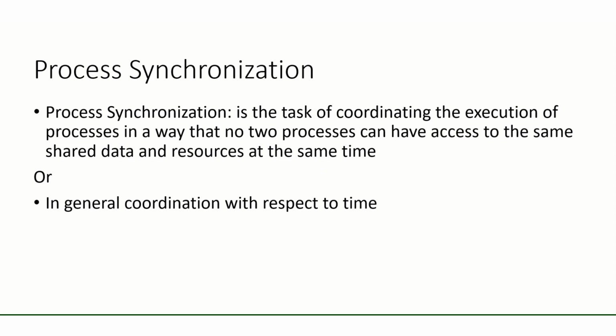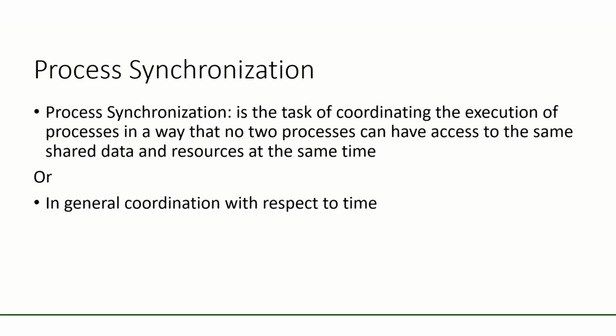Process synchronization is the task of coordinating the execution of processes in a way that no two processes can have access to the same shared data and resources at the same time. It is especially needed in a multiprocess system when multiple processes are running together and more than one process tries to gain access to the same shared resource or data at the same time.